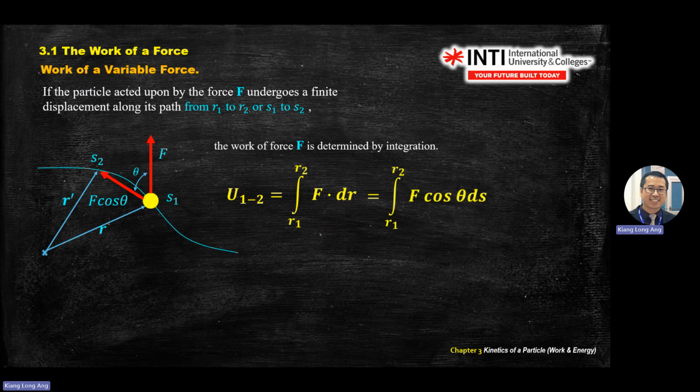Or you can change dr to ds, because dr is in polar coordinates and we rarely use polar coordinates. We will change dr into cos theta ds. So remember, we change it to ds and then take the cos.